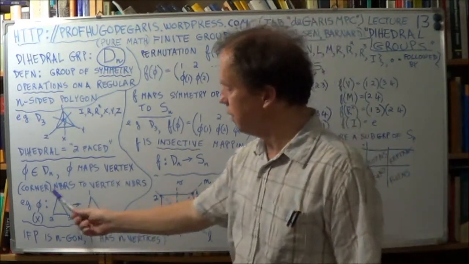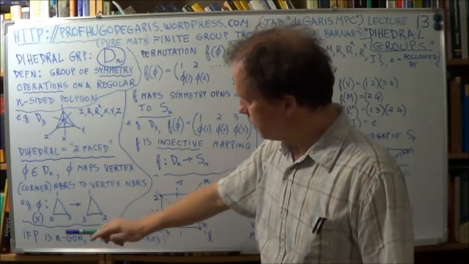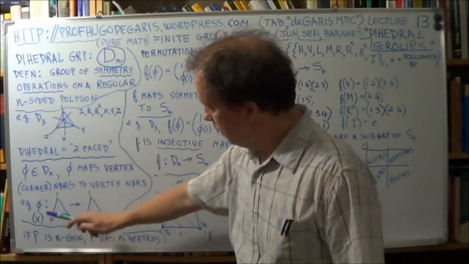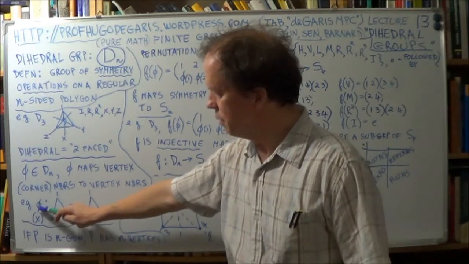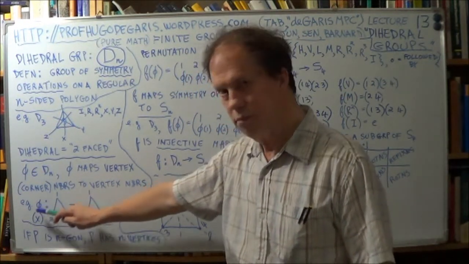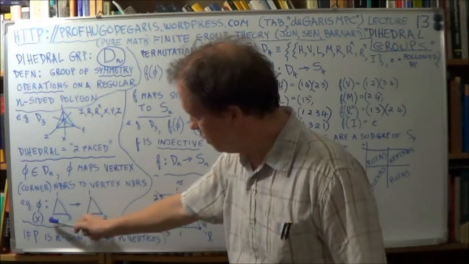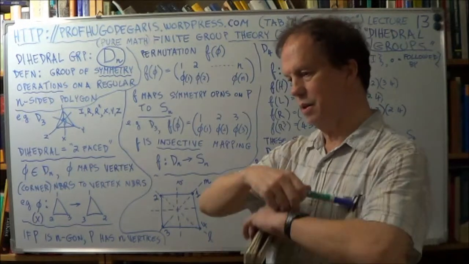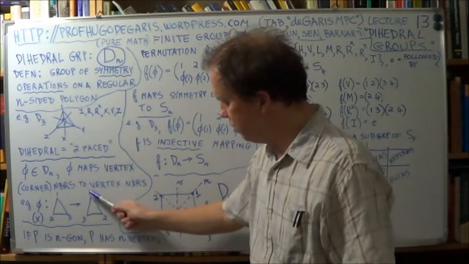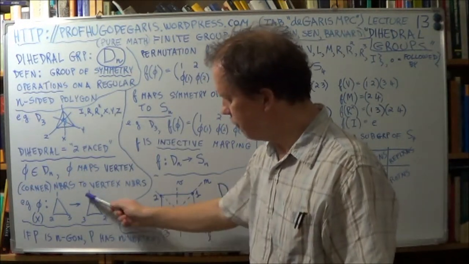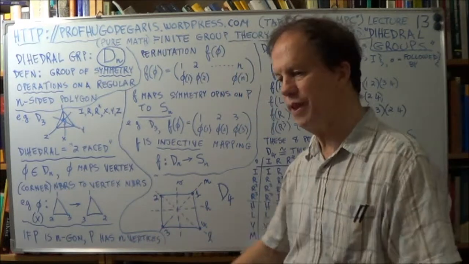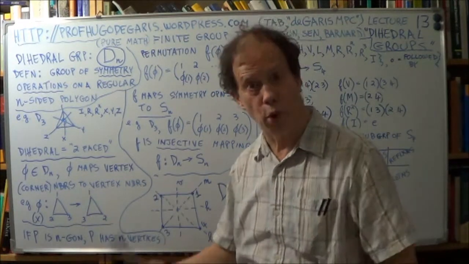But another interpretation is to say this operation, this function, is taking these 3 vertex numbers and mapping them into a new set of vertex numbers. Actually, it's the same set, just rearranged. In other words, it's a permutation.